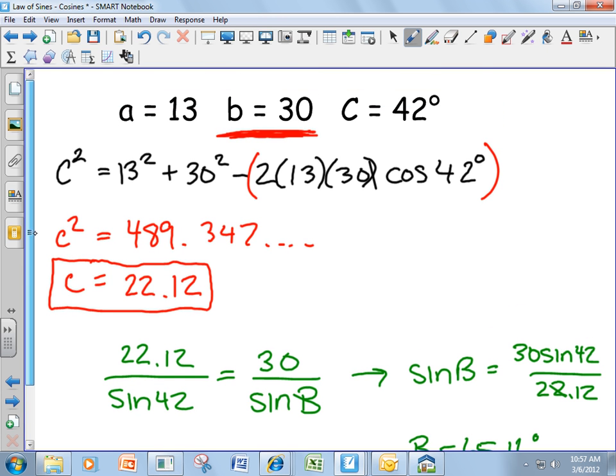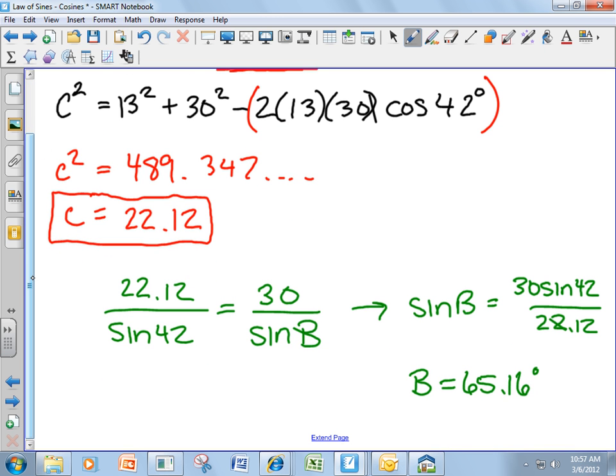Now here's the problem. People remember, well, Mrs. Horn said with law of cosines, there's not a two-triangle possibility. So they don't think about it at all, and they just go with every answer they get. Well, here's the issue. It's not that there's going to be a two-triangle possibility, but folks, this angle might not be the right angle B. This is angle B for quadrant 1.